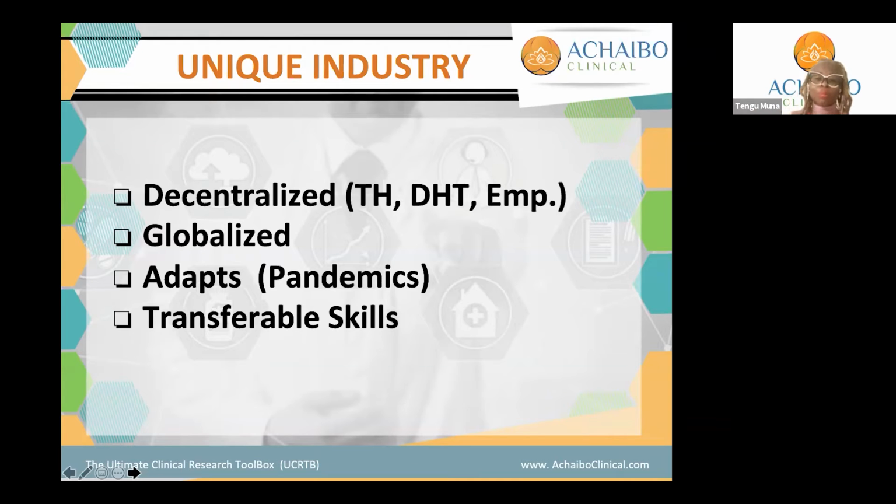But then you also have the legal profession, because we're dealing with regulatory laws, and you have regulatory authorities, right? Just think about all the different professions that it takes to come together to make sure that we test a product properly, make sure that it's safe on patients, and that we have data integrity. So: decentralized, globalized, adaptable, with transferable skills, modernization, and innovation. And then, of course, the confluence of so many different types of professions.